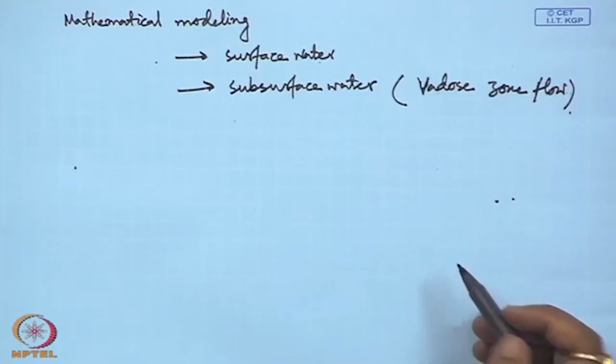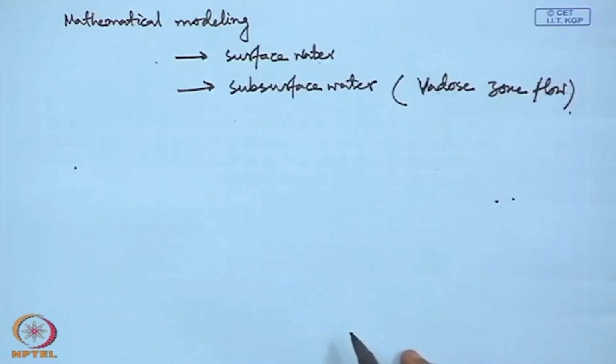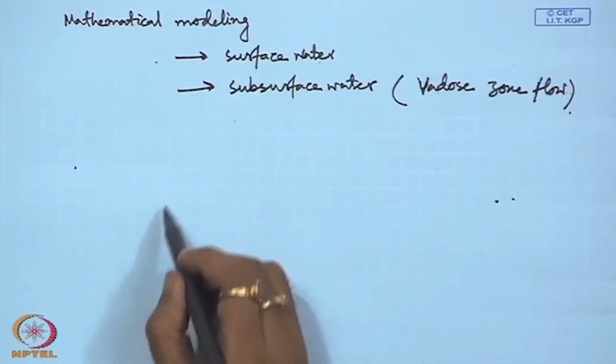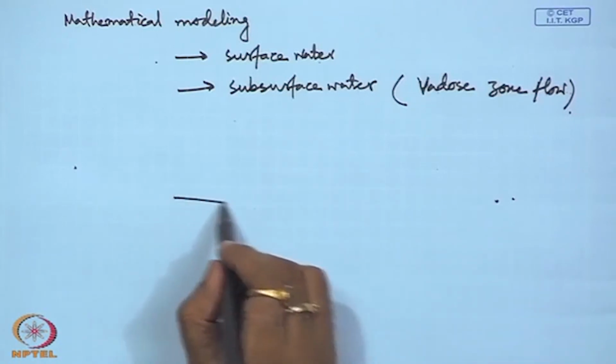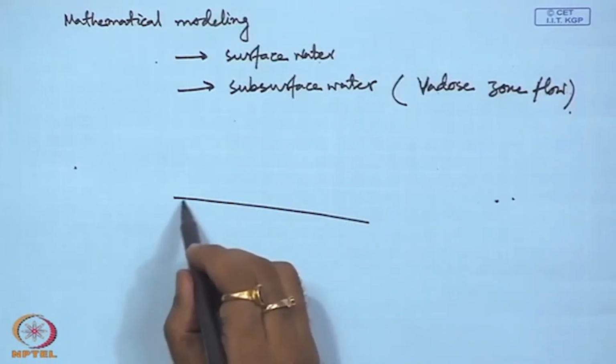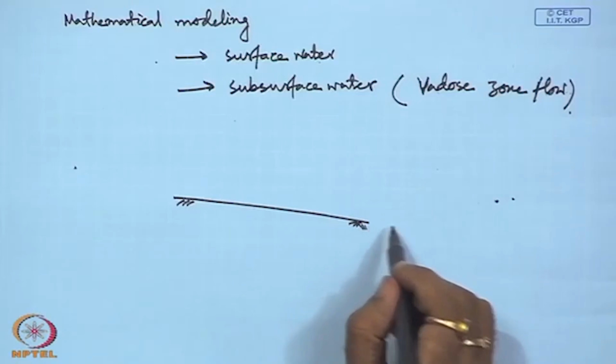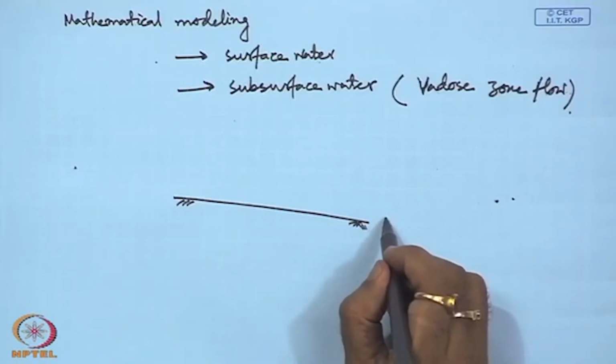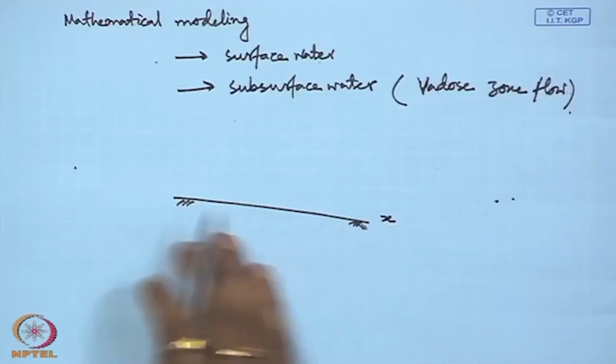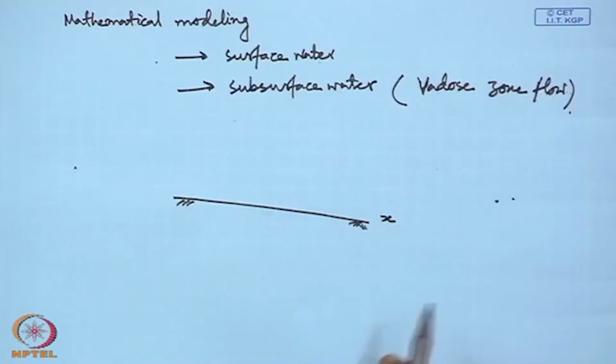So, the whole problem can be represented as, let us say we have ground surface which is not always straight, it is always having some slope.